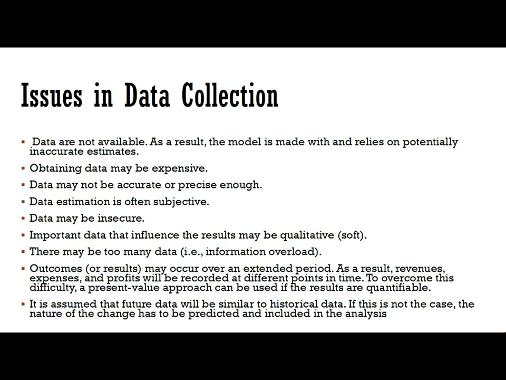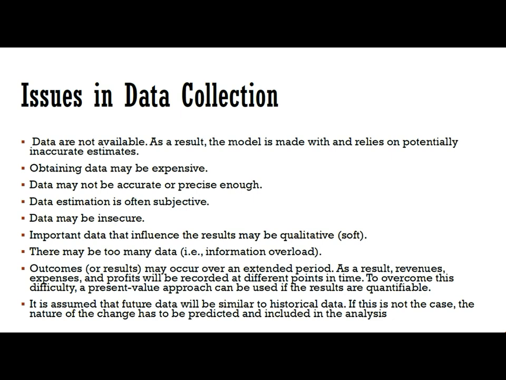If you don't have it, we have to pay for it, and it becomes expensive. Data may not be accurate. Data estimation is often subjective. Data may be insecure. Important data that influences the result may be qualitative.